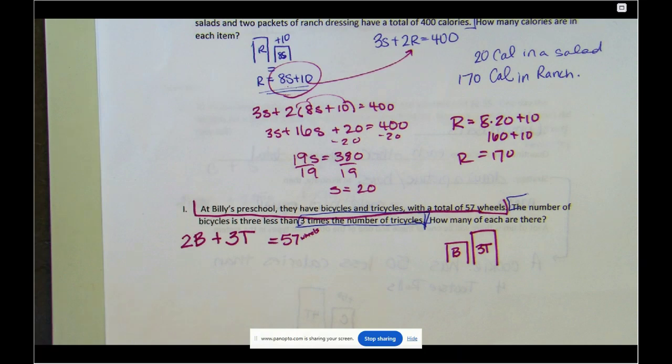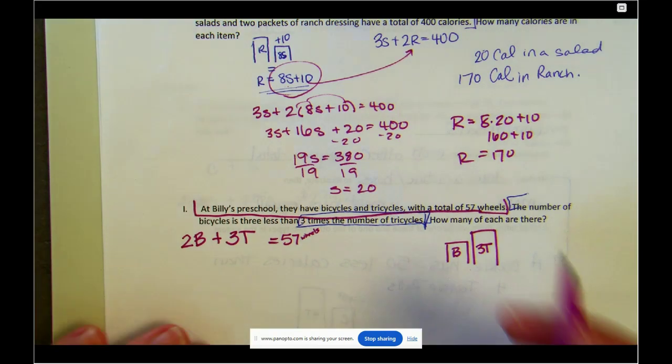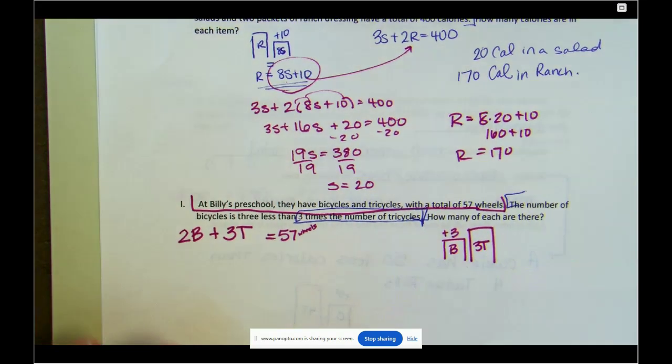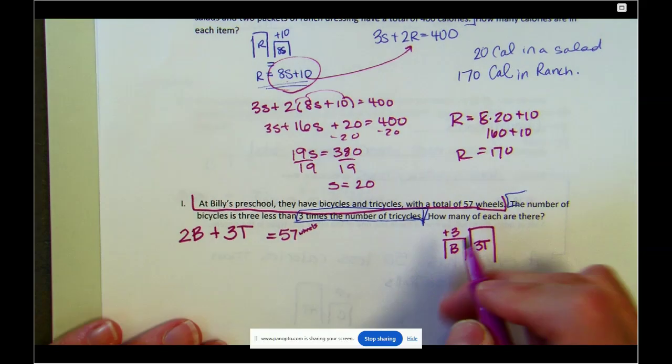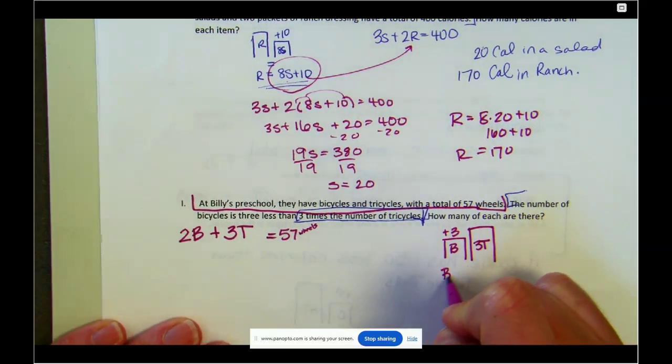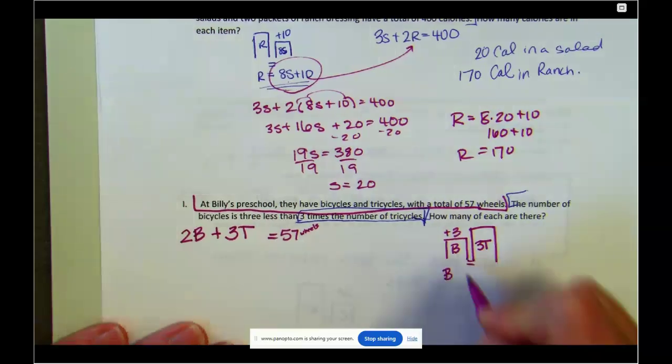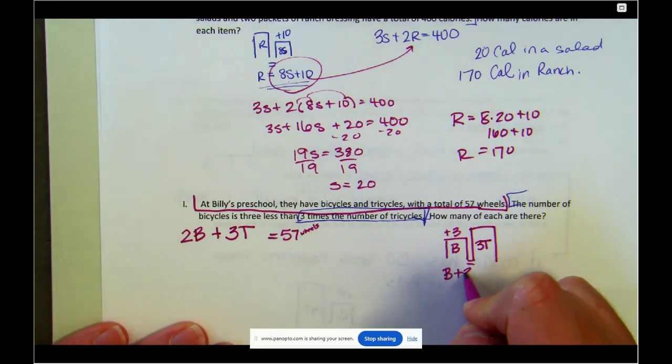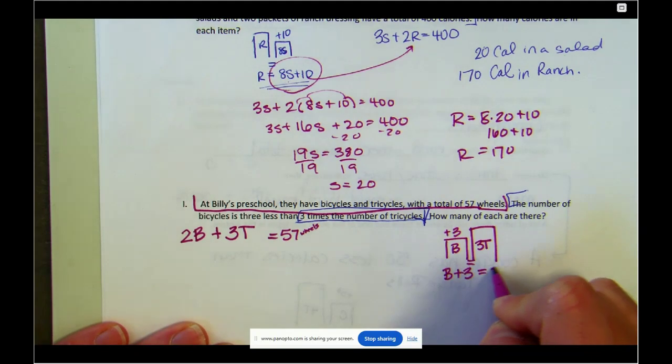Now read this sentence one more time. The number of bicycles is 3 less than 3 times the tricycles. So you add 3. Yep. B plus 3 equals 3t.